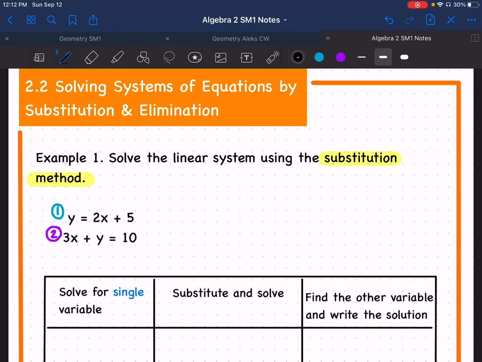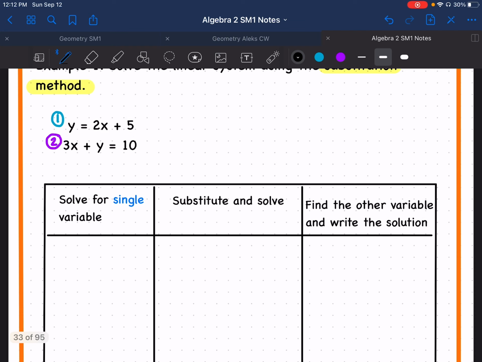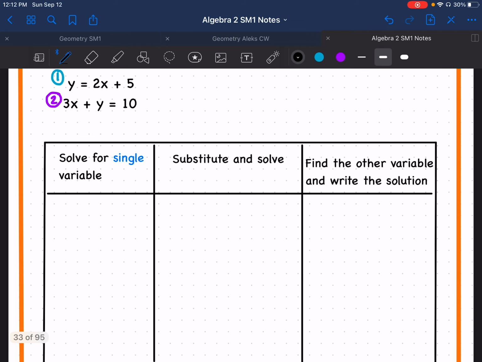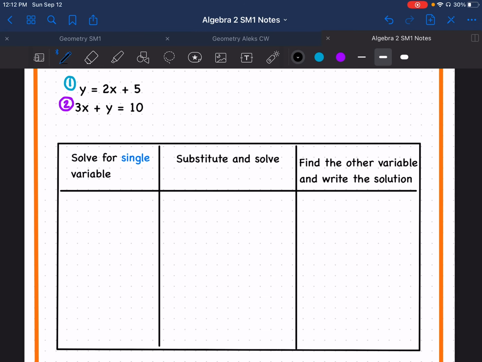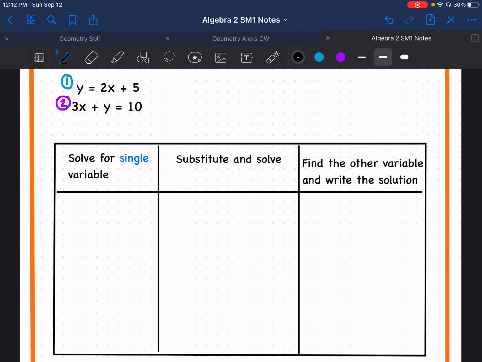Everybody knows what we're looking at. I really like to use this table to help me solve when I'm doing substitution because it tells me exactly what to do step by step.